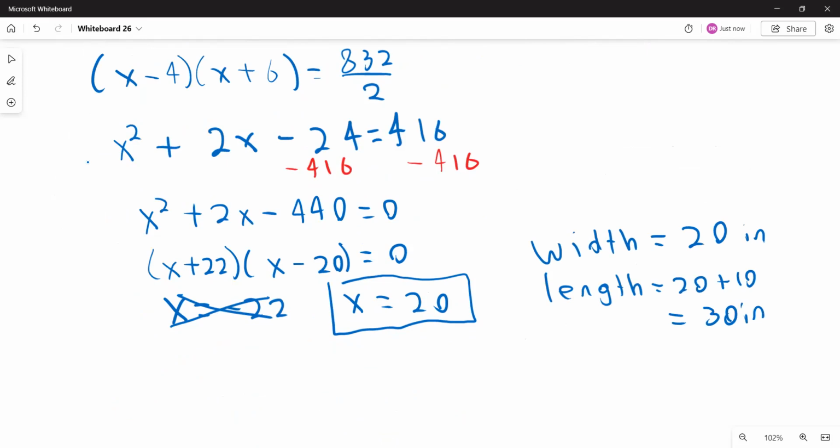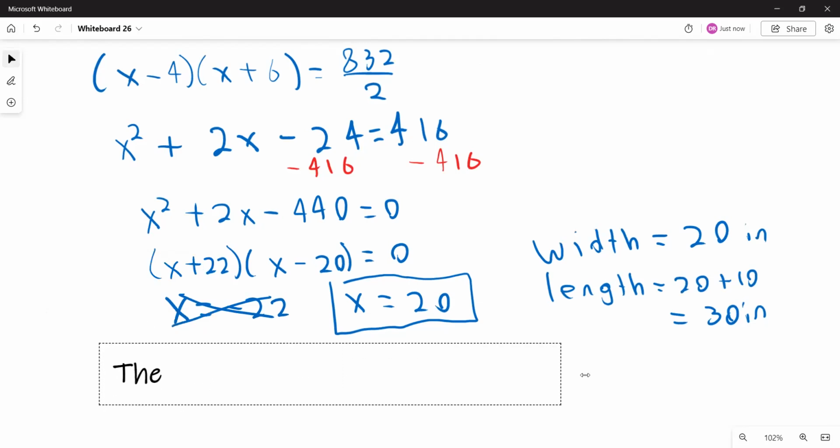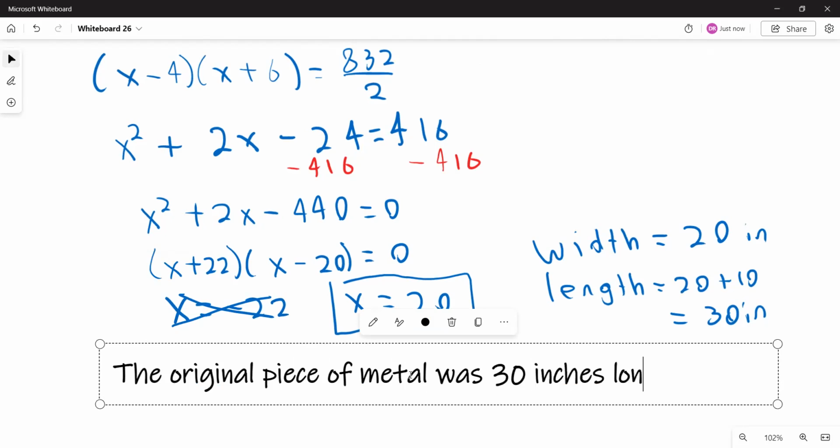Okay, so we're going to answer the question with a full statement. The original piece of metal was 30 inches long and 20 inches wide.